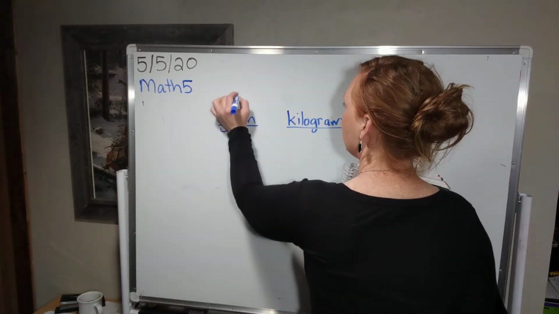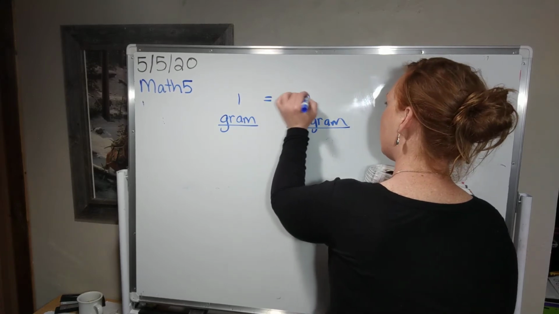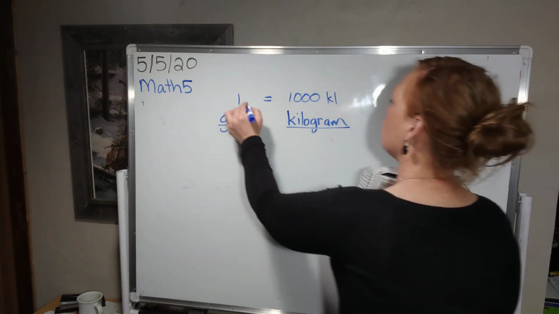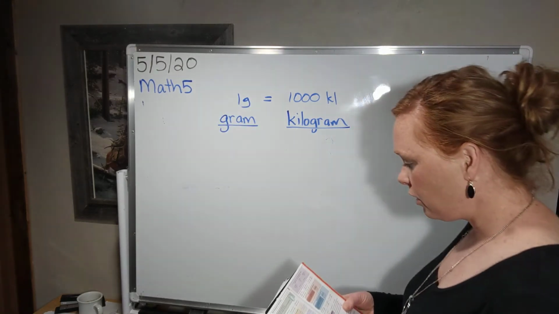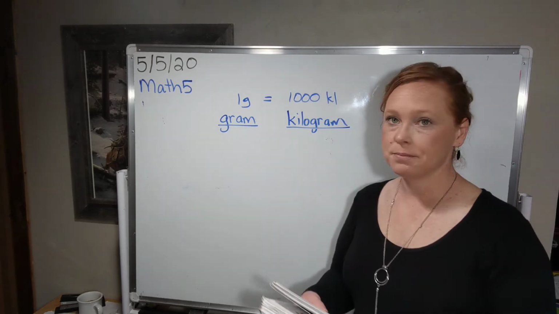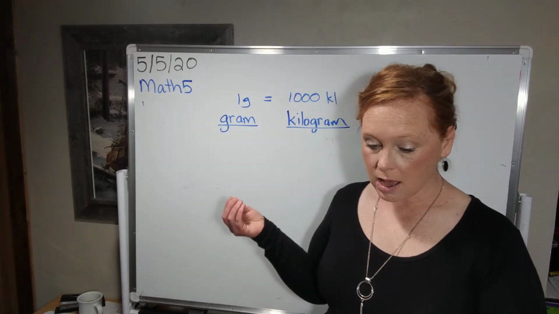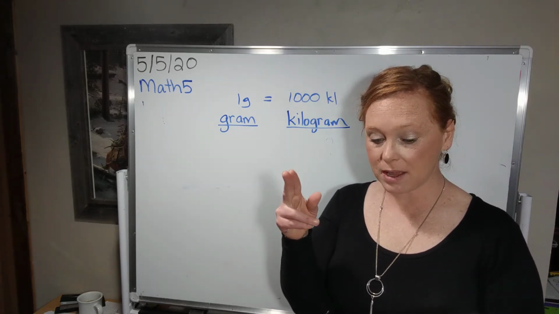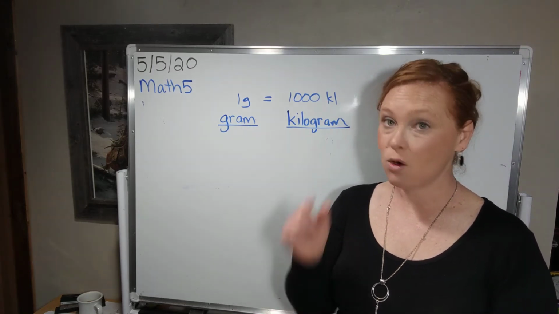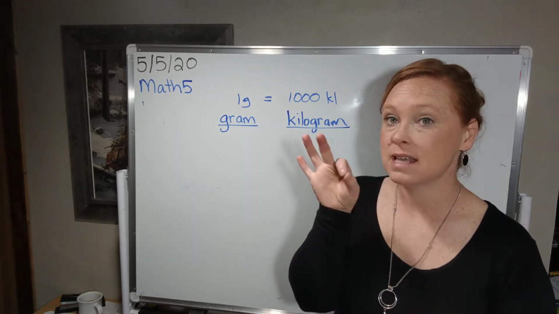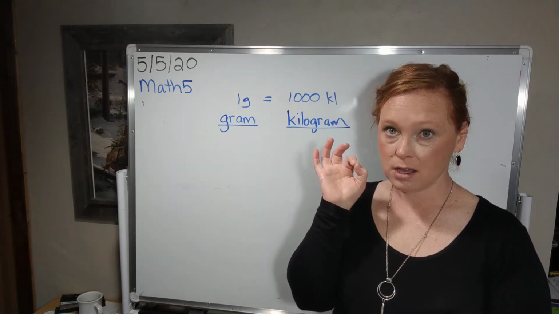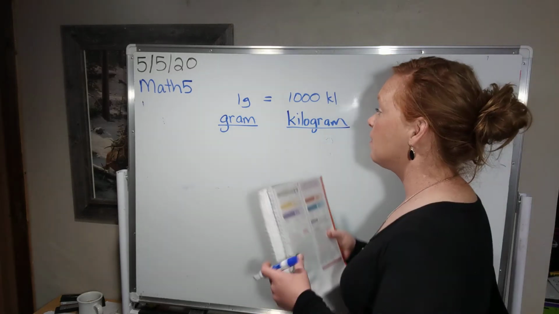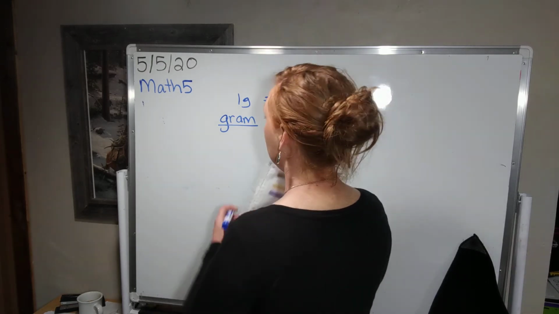So 1 gram equals 1,000 kilograms. Okay, so 1 gram equals 1,000 kilograms. And if we were to take my one paper clip and cut it into 1,000 pieces, and I picked up one of those pieces, which is going to be about the size of 1 piece of salt, okay, then that would equal 1 milligram.